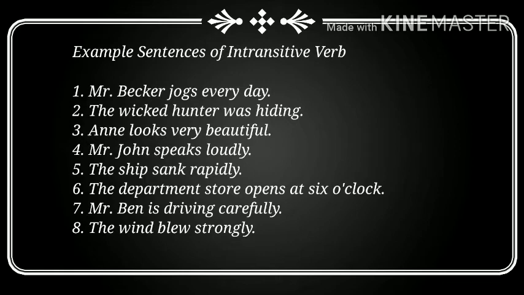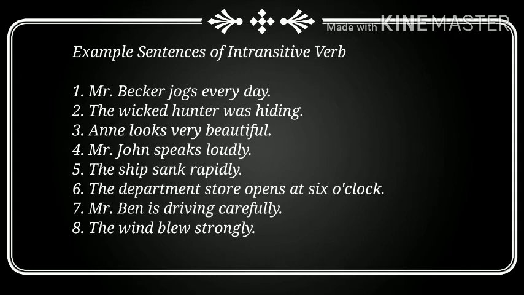Mr. Becker is the subject and jogs is a verb, but the object is not there. But the sentence is giving you a complete meaning that Mr. Becker jogs every day.